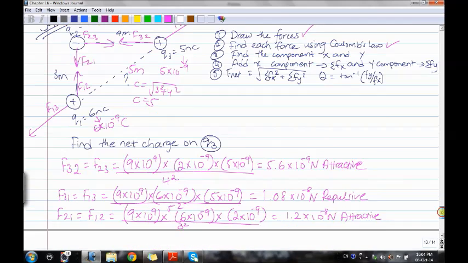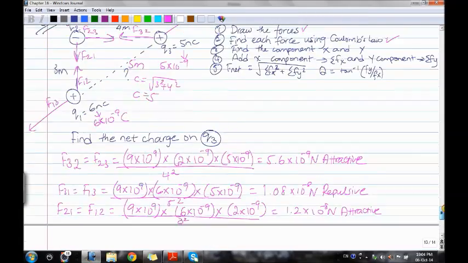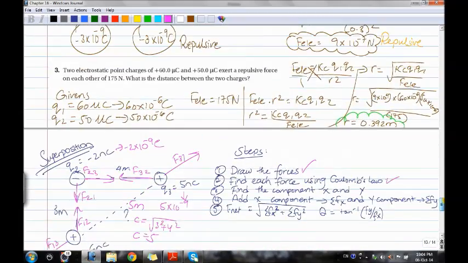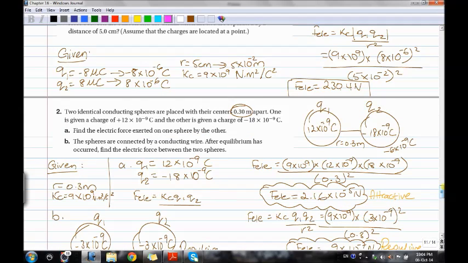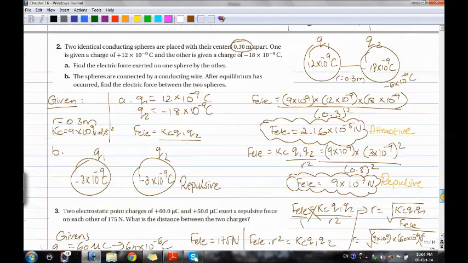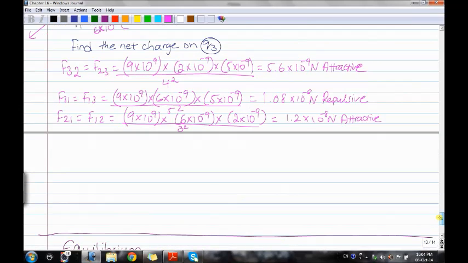Now let's find the components of x and y. To do that, let's draw. We take this and make it an x and y axis.